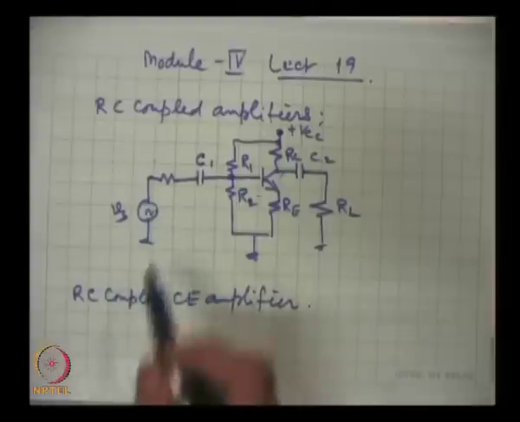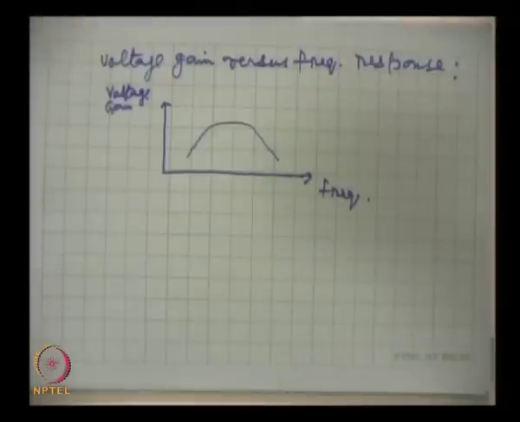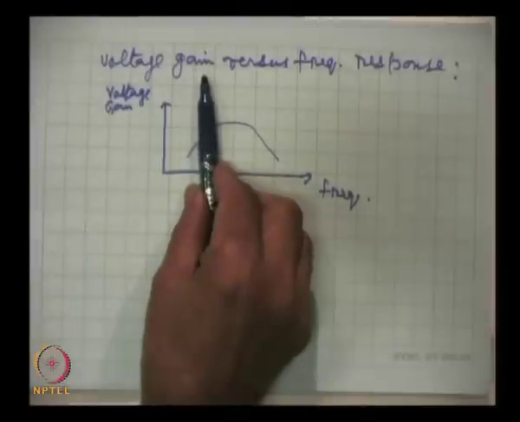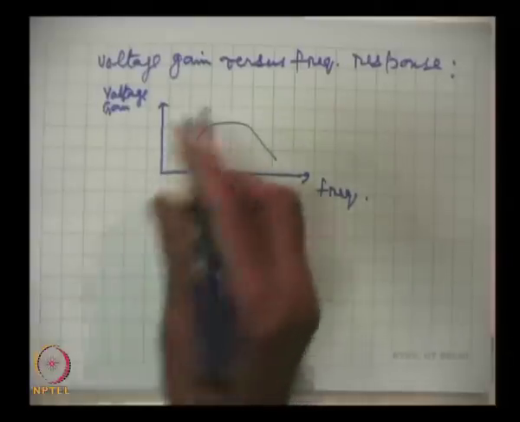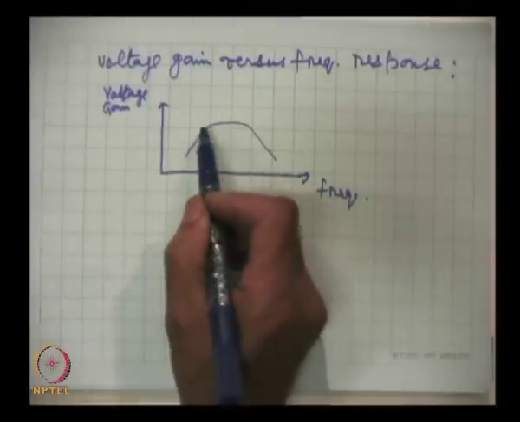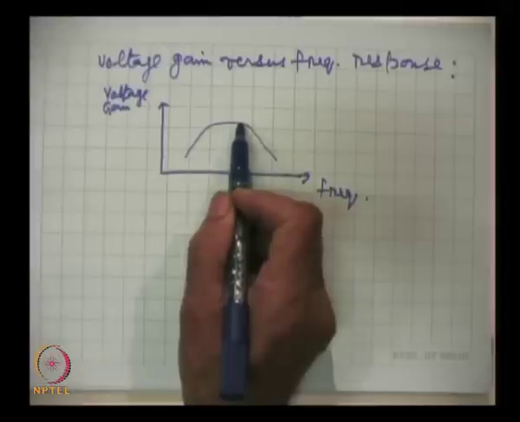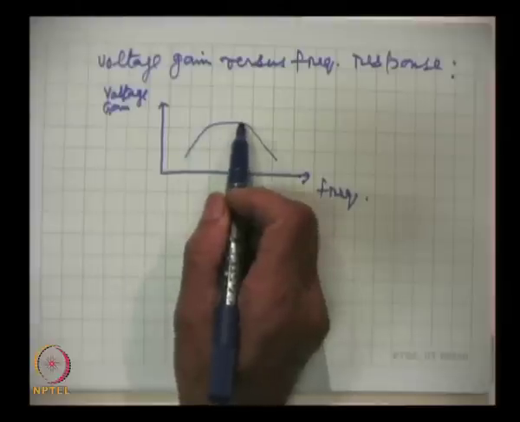So, we are starting from a very low frequency and then going to a very high frequency. What kind of curve do we get? It is this. Below a certain frequency, in this region, there is a fall of gain. Similarly, there is a region in which there is almost frequency independent gain.